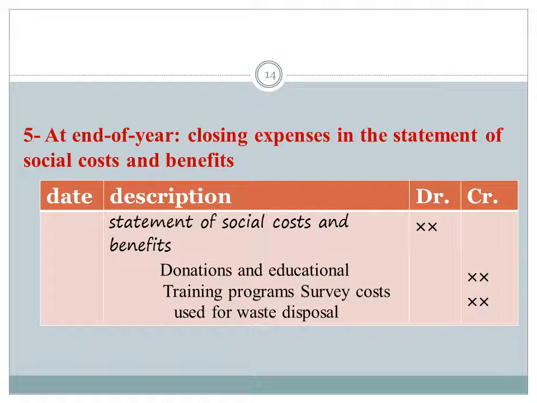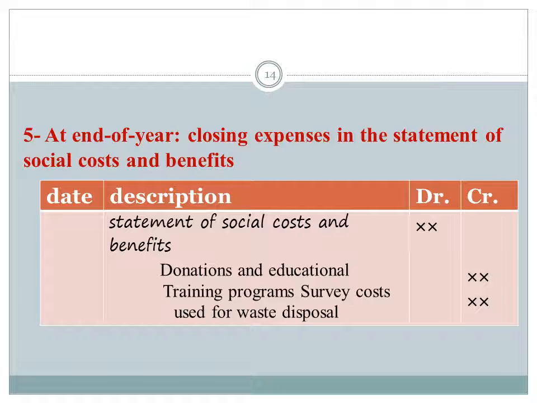At the end of the year, closing expenses in the statement of social costs and benefits. So the entry will be: debit the statement of social costs and benefits, because our benefits are decreased, and credit donations and educational, training programs, and waste disposal.